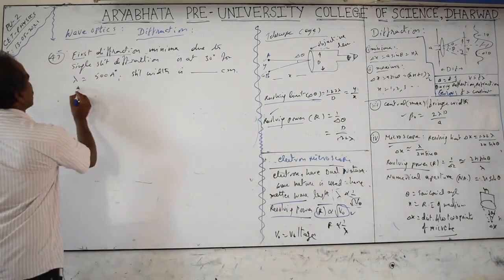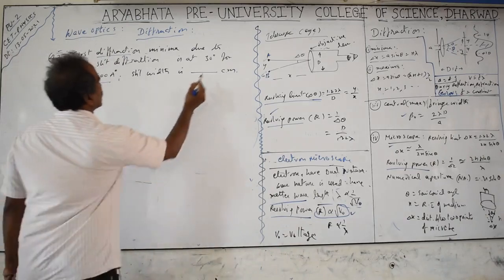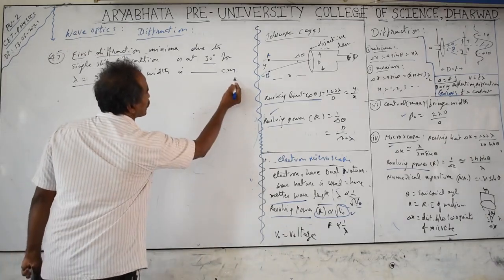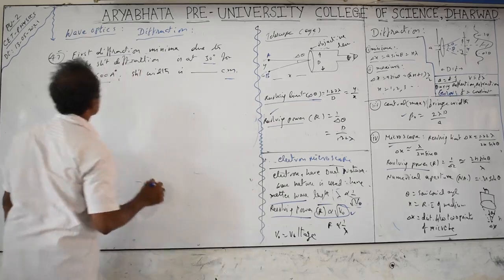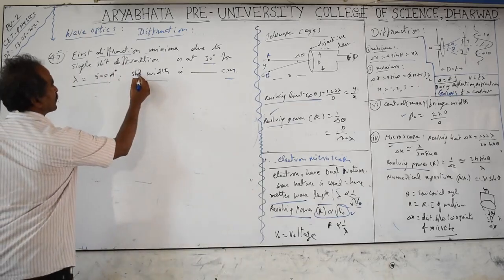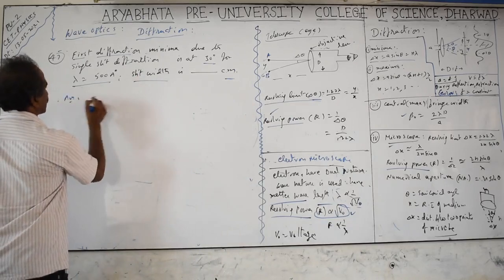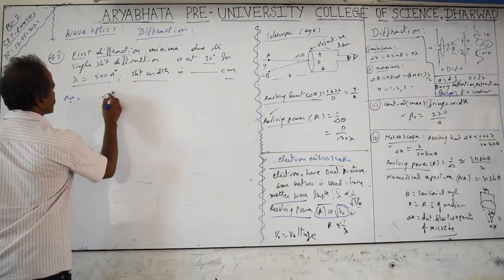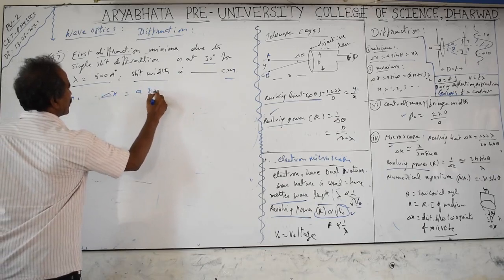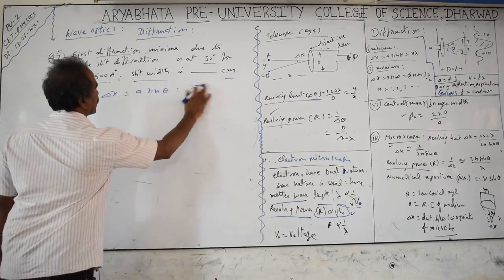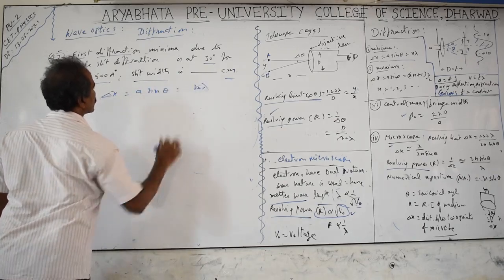Next, lambda given is 500 angstroms and theta is 30 degrees. You have to be careful with units here. You are asked to find the slit width in centimeters. Slit width means A. The path difference, delta x, equals A sin theta equals n lambda.